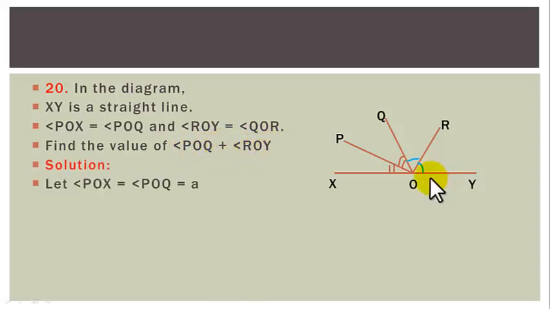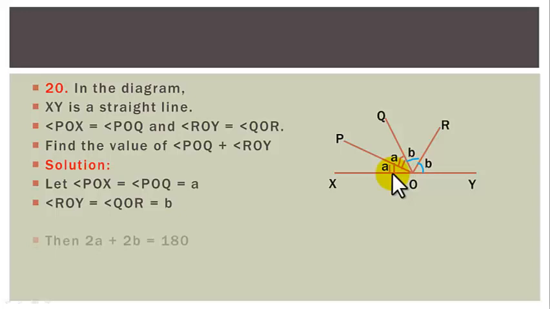Solution. Let angle POX and angle POQ be equal to A. That's, let this angle equal A and this one equal A. Also, let angle ROY equal angle QOR equal B. As this is equal to B, this other angle is also equal to B. But we know that the sum of the angles on a straight line is 180 degrees.